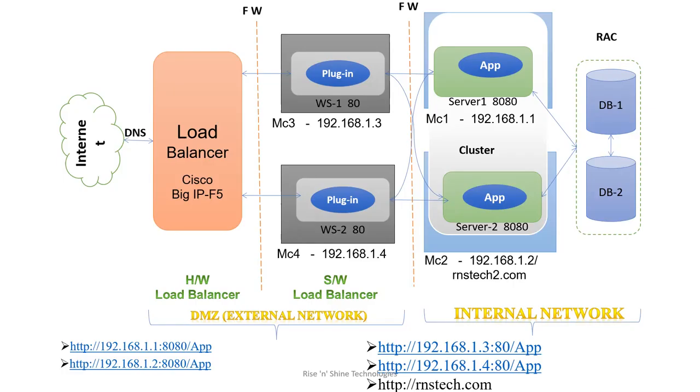So infra level rolling updates and rollbacks, platform level rolling updates and rollbacks, or application level rolling updates and rollbacks, with those managements, along with reliability, failover, scalability, securities. All these points we are going to look into when we discuss the cloud.